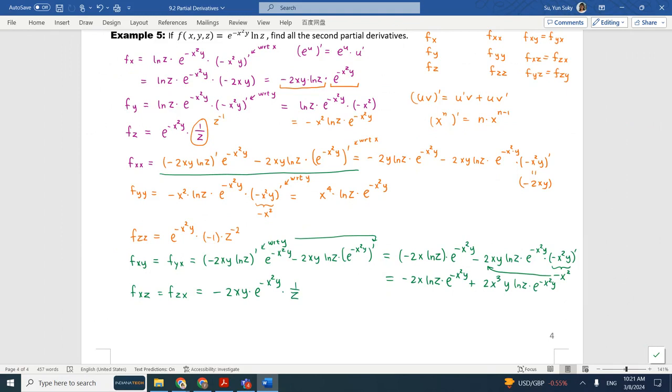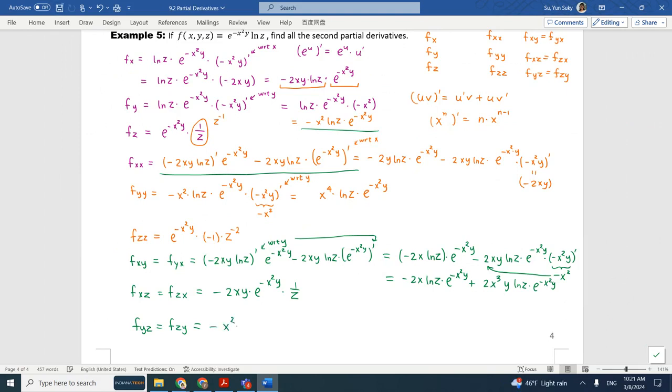Everybody? Okay, fyz and fzy. So fyz is the same as fzy. And look at fy. You see here? This is a constant, this is a constant, and we just take the derivative of ln z. Is that okay, everybody? So that one is also easy.